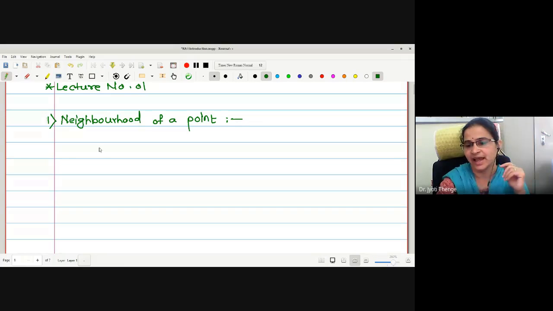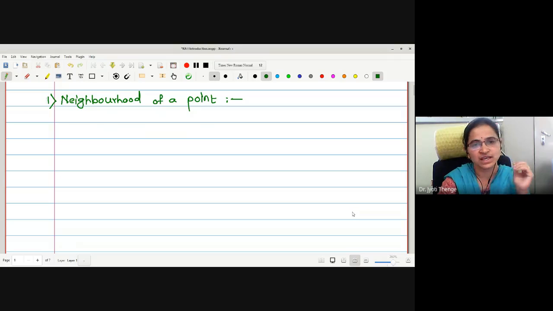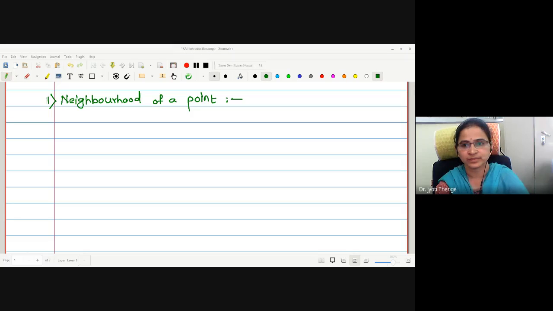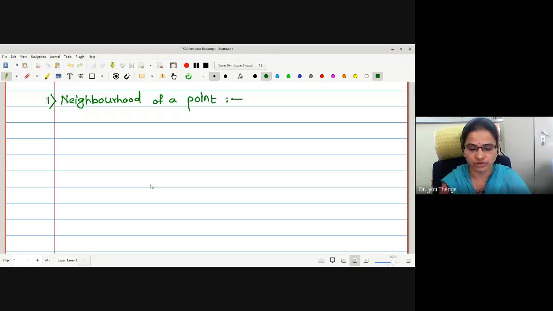Yes. Actually, whenever I explain a definition to students, I tell the textbook definition and its meaning also. Right? Now, can anyone else try what is the neighborhood of a point? Whatever she has told is also correct, but I want the mathematical definition. First the mathematical definition and then we will go for understanding it.